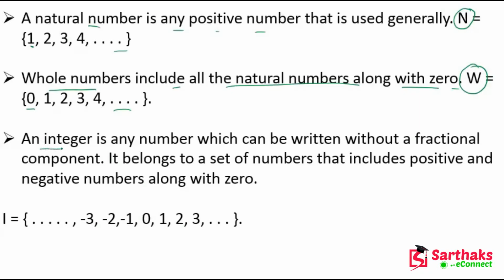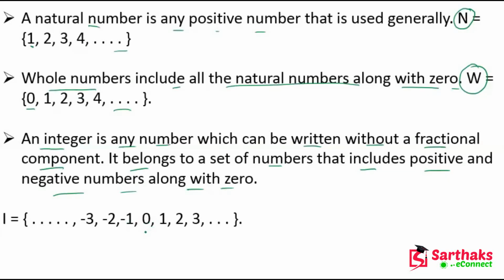Now an integer is any number which can be written without a fractional component. So it belongs to a set of numbers that include positive and negative numbers along with 0. It means all the numbers which can be represented on a number line are integers.